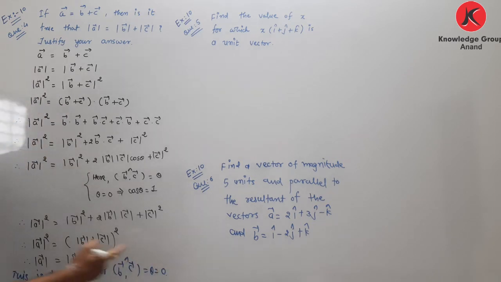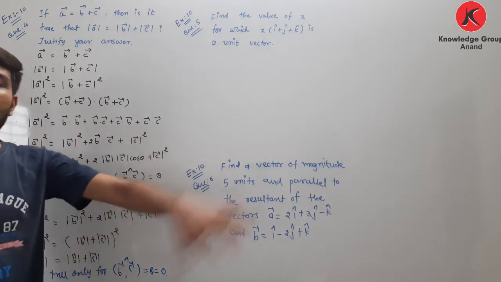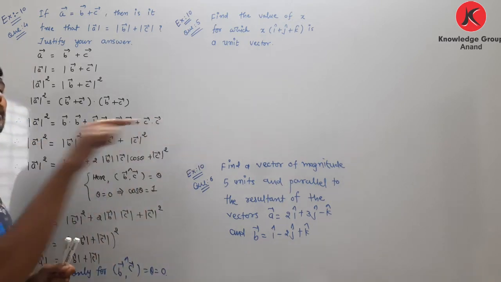If it is not equal to 0, then it will make a triangle, not any straight line. This is true only for a line.